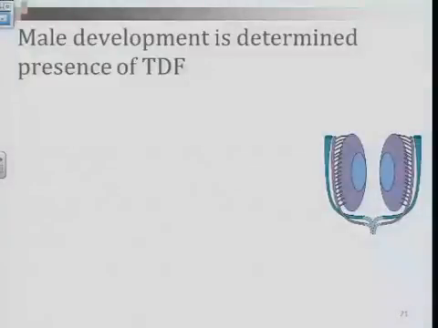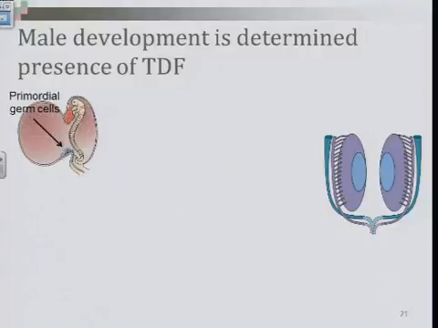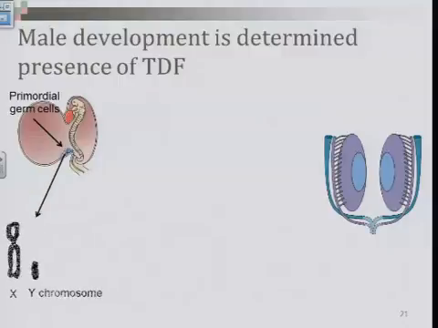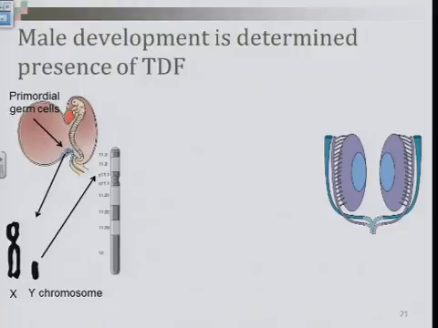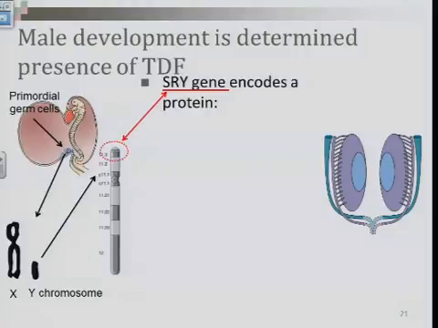Male development is determined by the presence of a protein called testes determining factor. So here's the primordial germ cells in an indifferent fetus. In this case, it is an X and Y chromosome. If we blow up a map of the Y chromosome, right at the end of the short arm, there's a gene called the SRY gene.